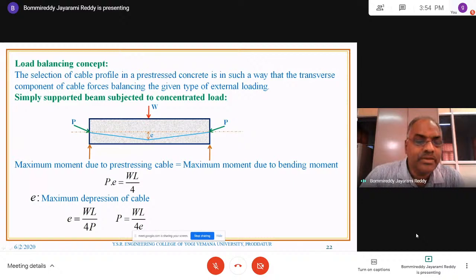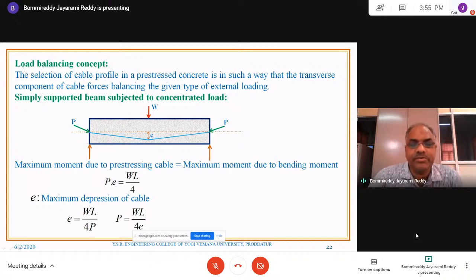Next one, load balancing concept. So remember here the meaning of load balancing. What is it going to balance? The pre-stress already introduced in the member will get balanced with the effect of the load.